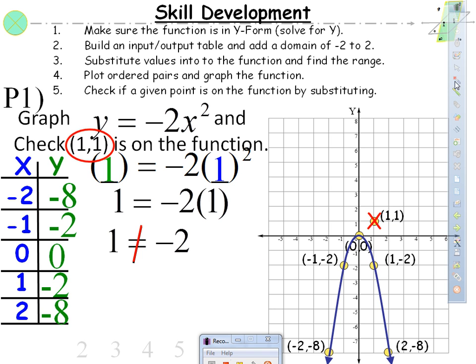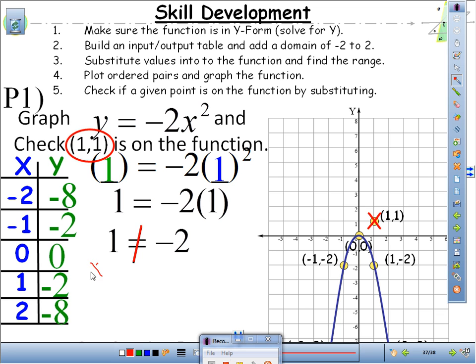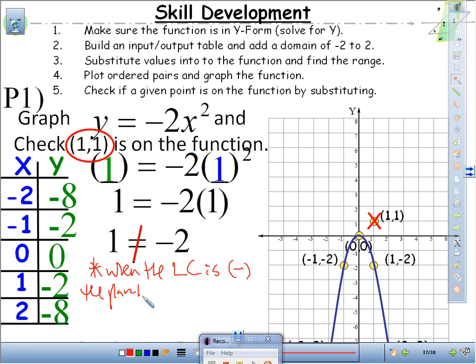Make a note for yourself here. Asterisk. When the LC, tell your neighbor what that is. The leading coefficient is negative. The parabola opens which way?